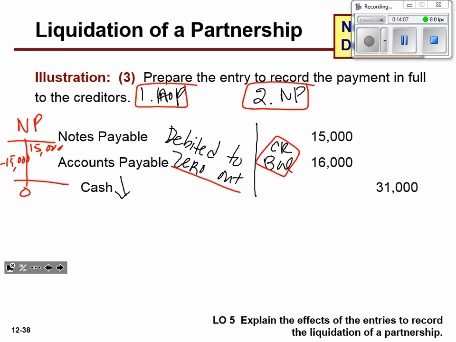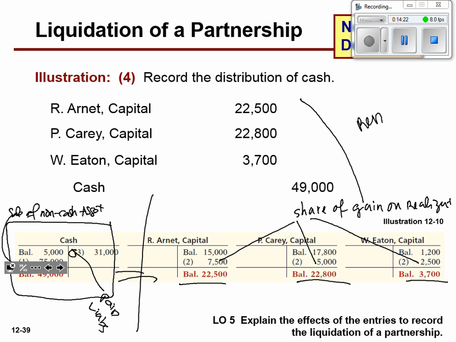We're going to pay cash to get rid of that. Last one. What's our last step? We're going to get cash to all of our partners. So each of these partners had little balances: 15,000, 17,800, and 1,200.